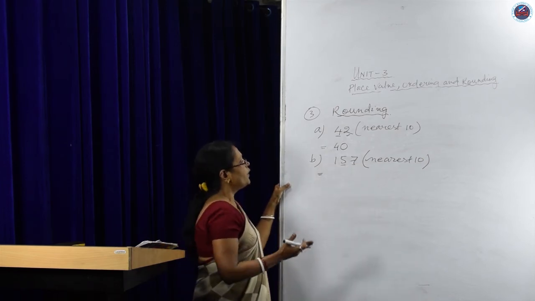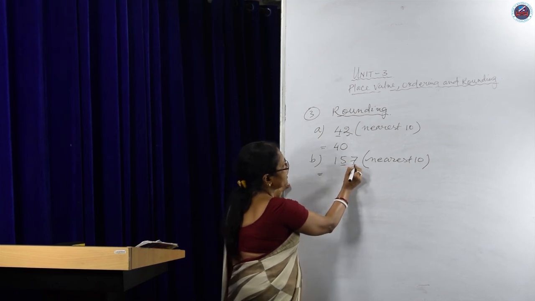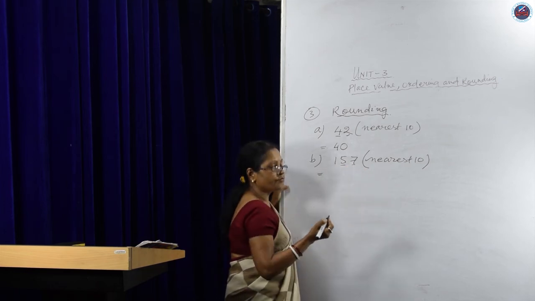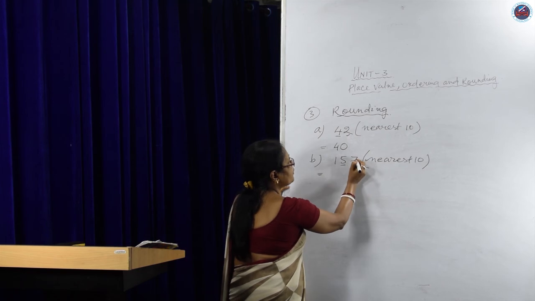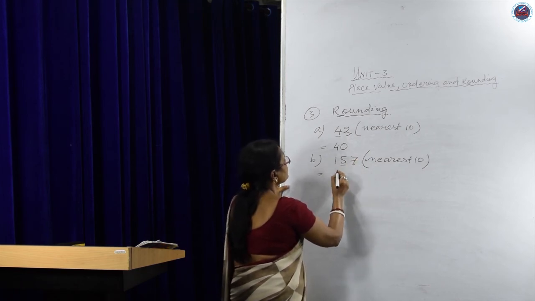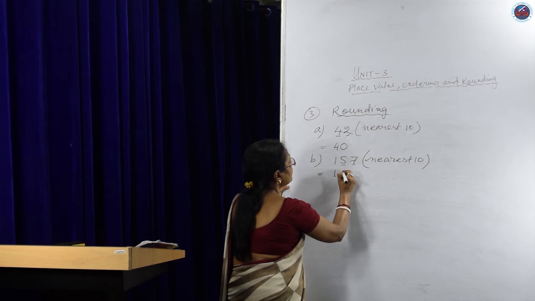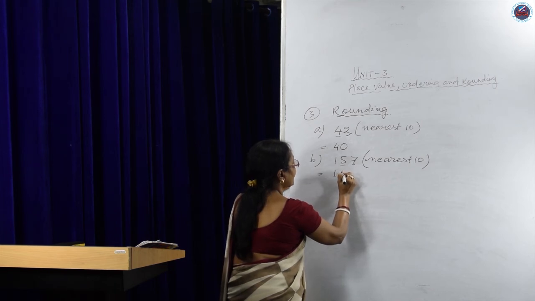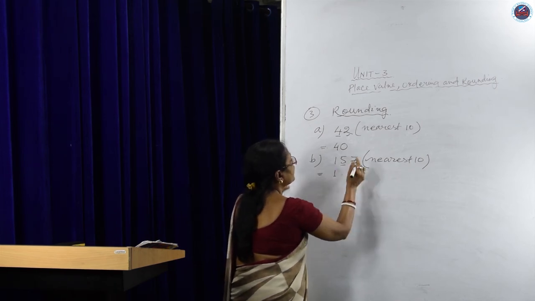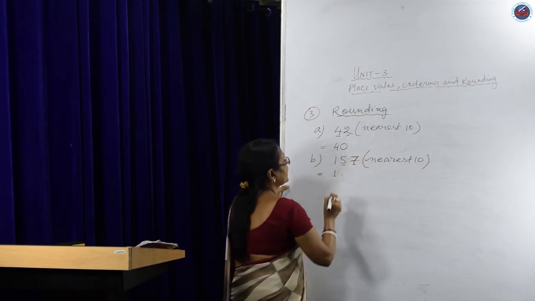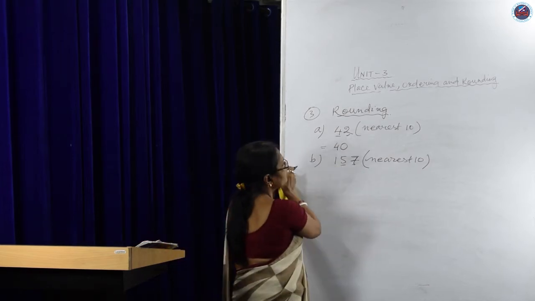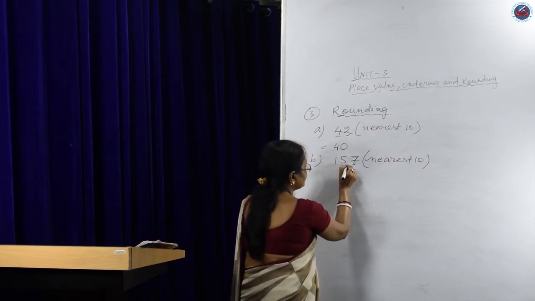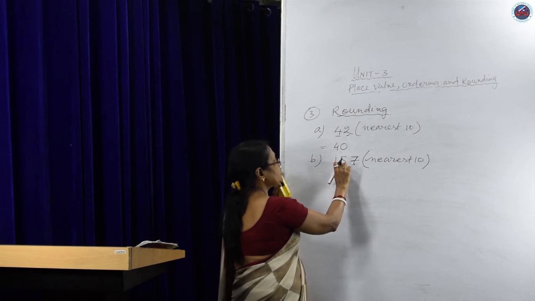I told you, next to the tens digit, if the digit is 5 or greater, then when you are rounding you have to add 1 to the tens digit. I repeat, you look at the tens digit. The tens digit is 5.